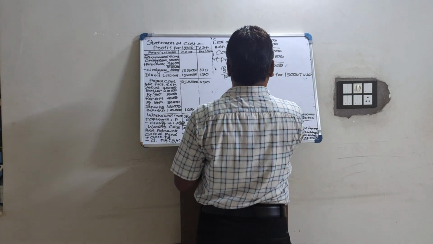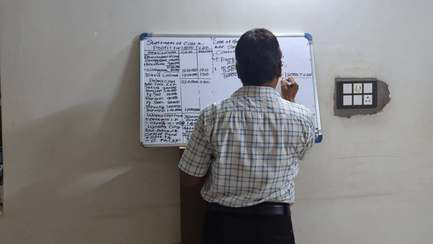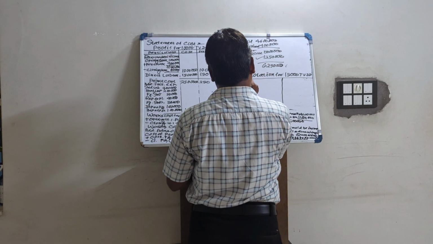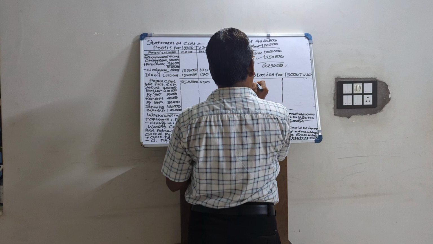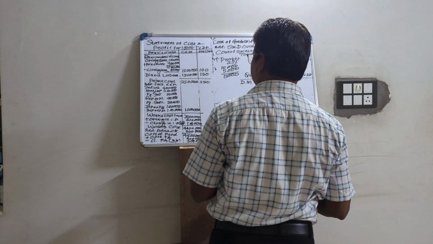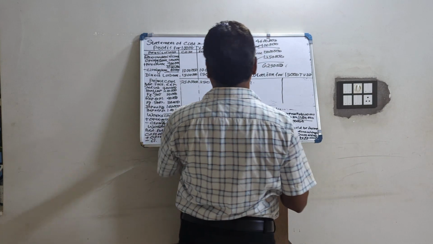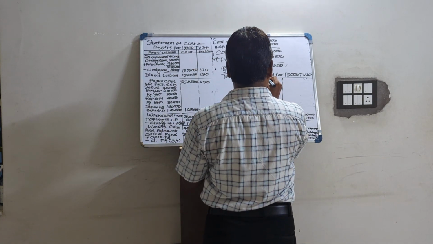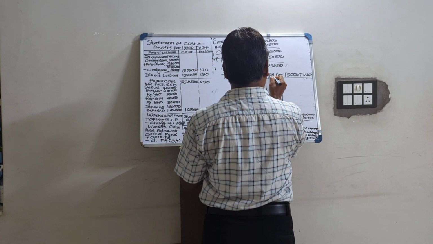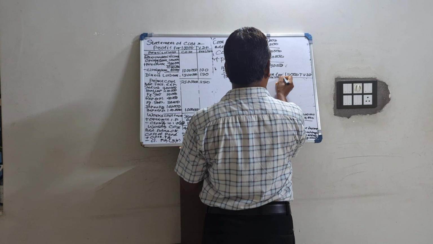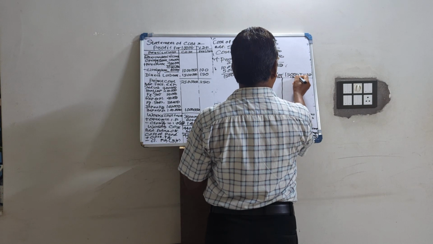Here first we will consider the direct material. How much? Per unit it is 100. First we will calculate per unit, then for 15,000.